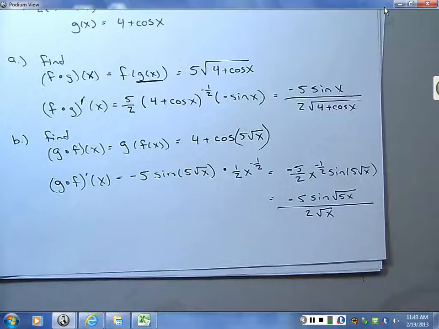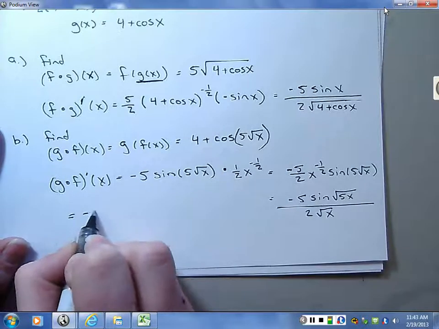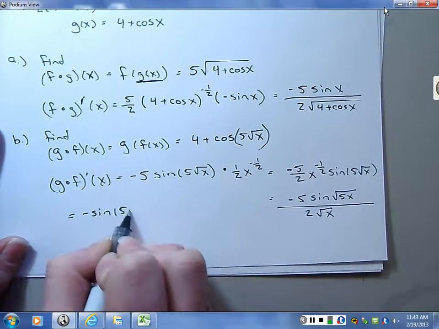The outside function here is cosine, because the derivative of 4 is 0. So the outside function is cosine, and the derivative of cosine is minus sine. Where did the 5 come from? They jumped a little bit ahead of themselves, because they know the derivative of the inside is 5. But the derivative of the inside is actually 5 over 2 x to the minus 1/2. If I was writing this up, I would have written minus sine of 5 square root of x.